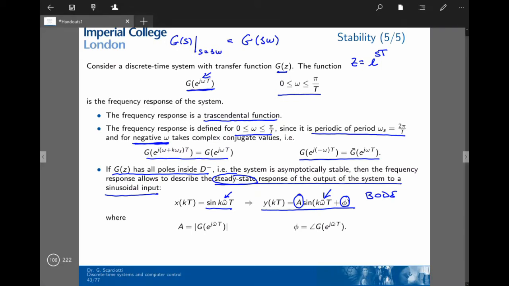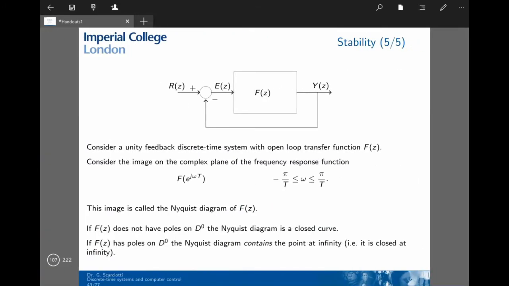So the Bode plot can be interpreted as looking at the absolute value and the phase shift of the output of the system at steady state when the input is a sinusoid. Now, the frequency response can be used to study the stability of the system using the Nyquist criterion.